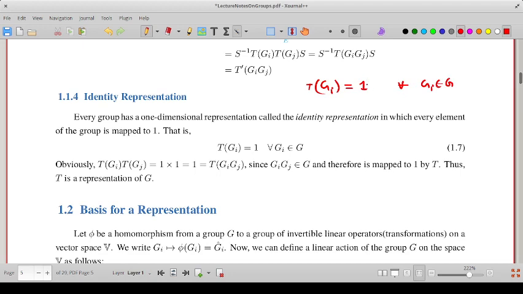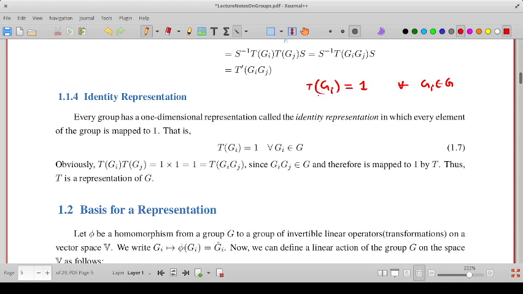Now obviously this is a number, so it can be considered as a 1 by 1 matrix. So the dimension of this representation is 1, and obviously it is non-zero, non-singular.